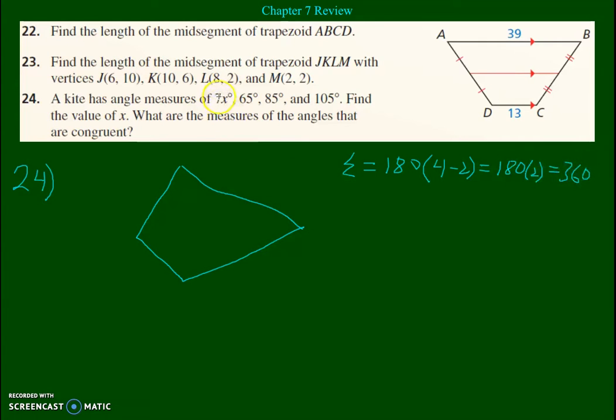So we know that these four angles add together to give us 360 degrees. So 360 equals 7x plus 65 plus 85 plus 105.